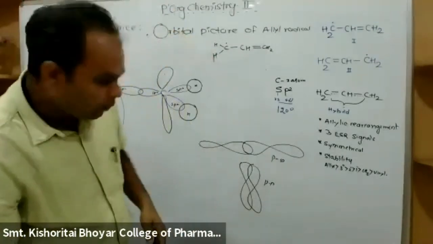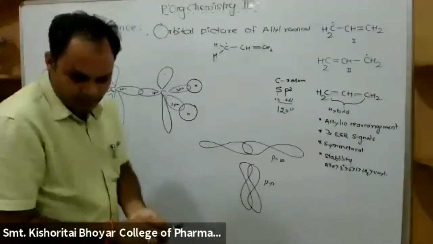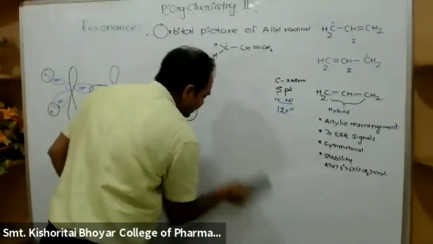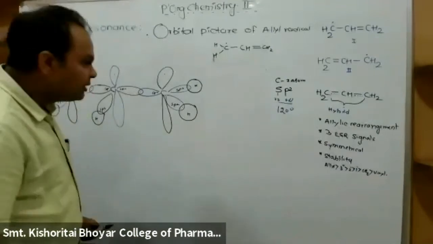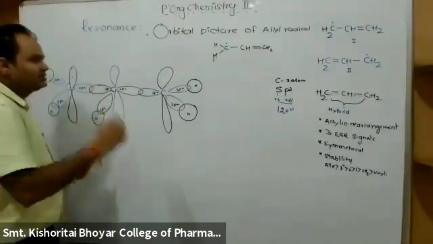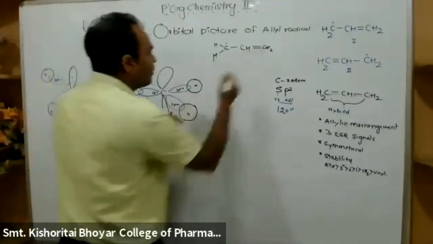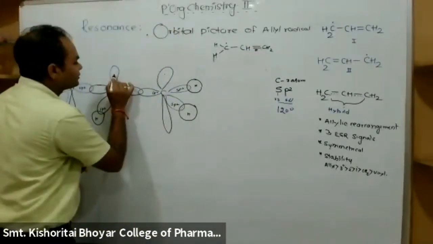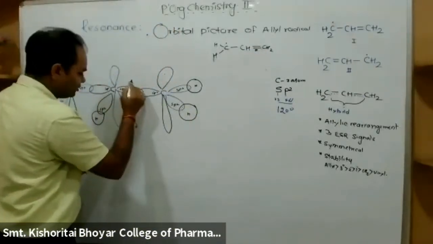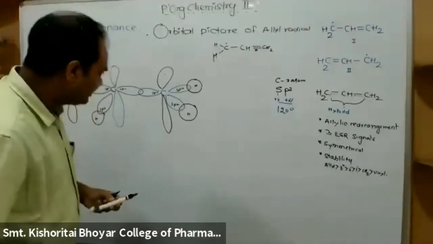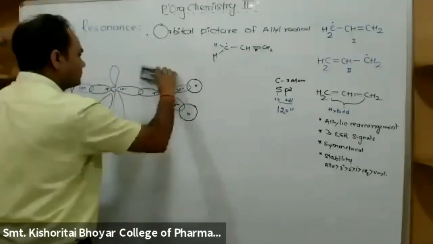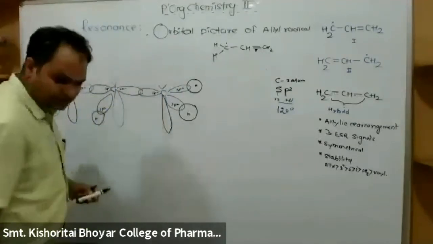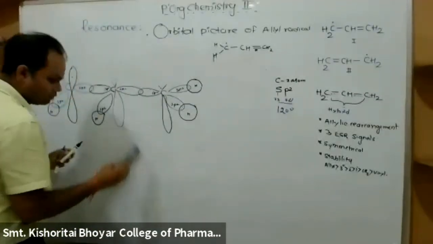So overlapping of the p orbitals containing electrons results in the formation of a pi bond. Here is the overlapping of these two orbitals. Now I can represent the overlapping like this.